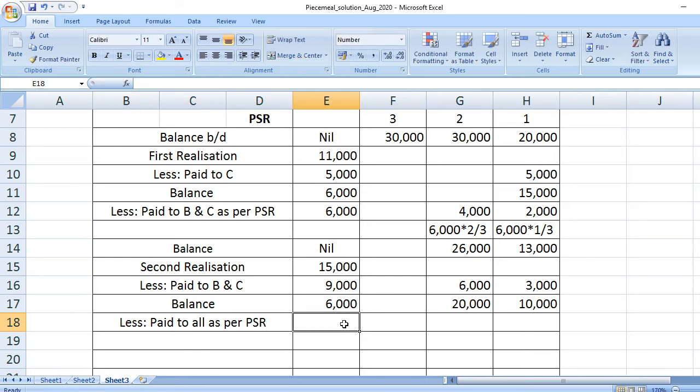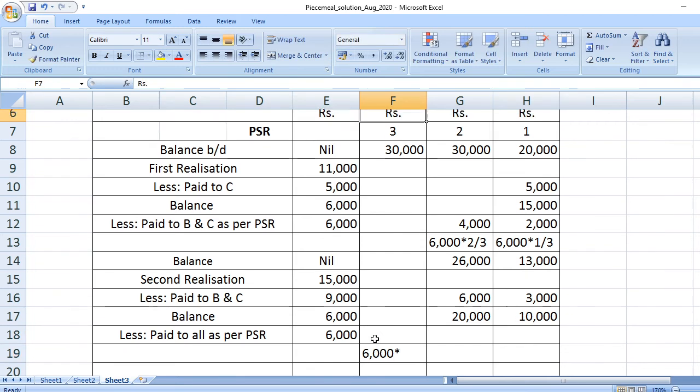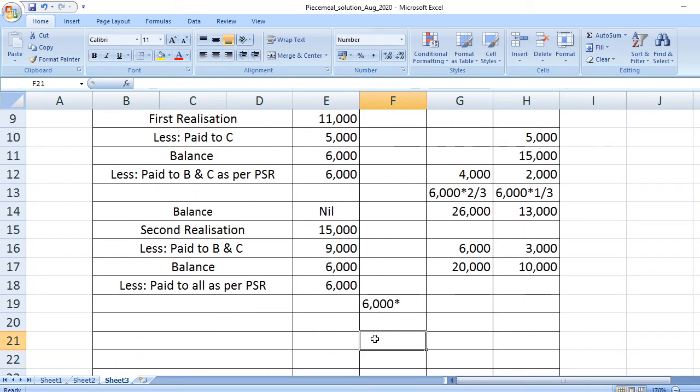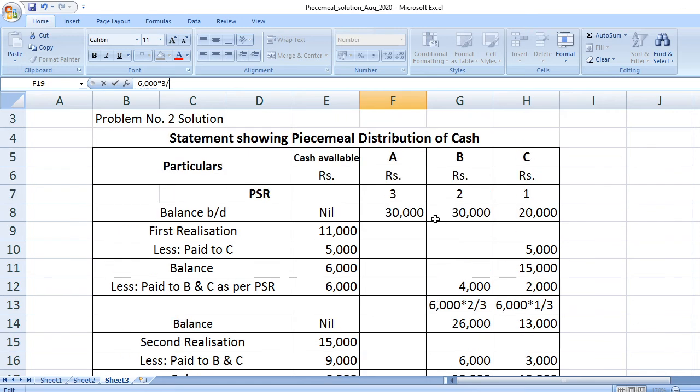How much balance is there? 6,000. The 6,000 amount we have to pay to A. So how much? 6,000 into his profit sharing ratio 3, so multiply by 3 and divide by the total of the profit sharing ratio, 3 plus 2 plus 1, it means 6, divided by 6.